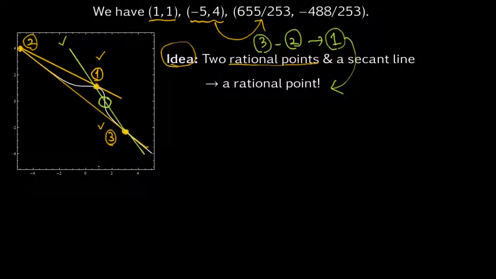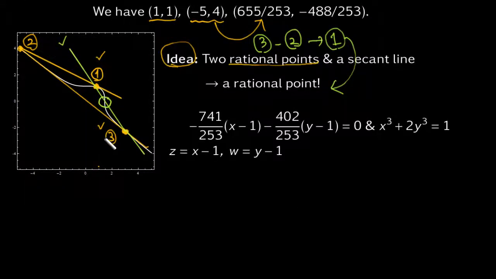So I use a tangent line formula for these 2 points. Actually, not the same. It's different. It's not a tangent line. So we have 2 points, and you can write down, using the point-slope formula, the equation of this line, and that's what I wrote here. We have these nasty coordinates for the third point, and these 2 coefficients for the line, and here's the same cubic.